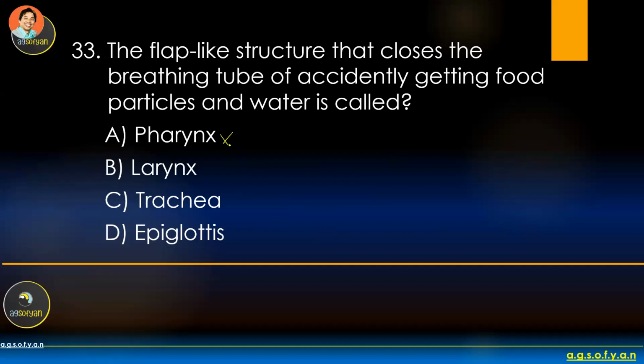Pharynx is not, because this is the airways, larynx also airways, trachea is a windpipe. So the answer will be epiglottis. Epiglottis closes the larynx from getting food. If the food goes to the larynx, then we will get choked by the food.